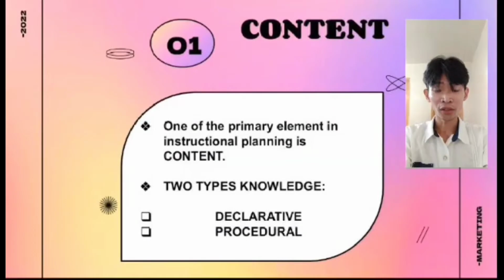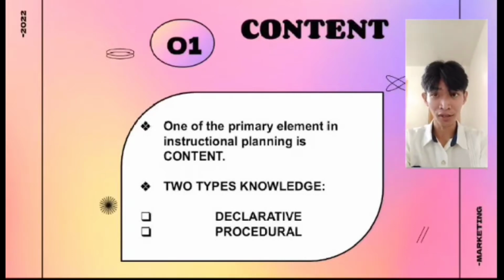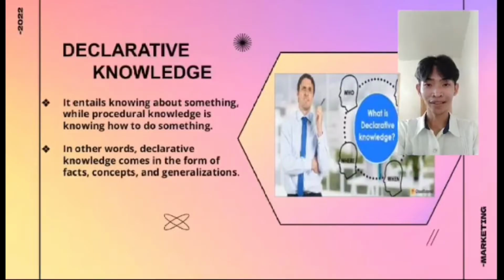Content. One of the primary elements that should be considered in instructional planning is the content. Basically, teachers need to know what they will teach in order to effectively prepare their lessons. Two types of knowledge: declarative knowledge and procedural knowledge. What is declarative knowledge?